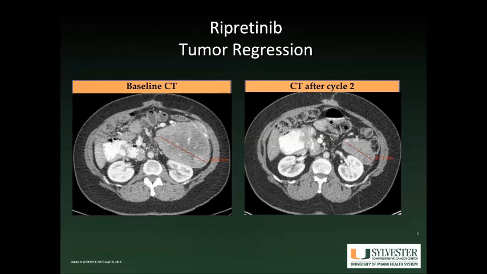So it's really designed to take on any type of resistance mutations. And you can see on this slide with the red bar, the patient's tumor has really shrunk fairly substantially on therapy just after 2 cycles. So this is 8 weeks of treatment, and we're seeing a great response in a patient whose tumor was resistant to everything else.